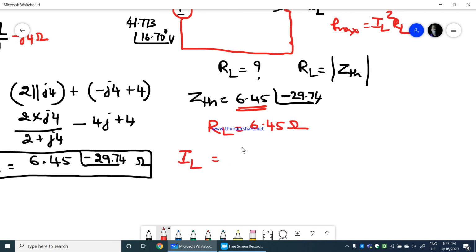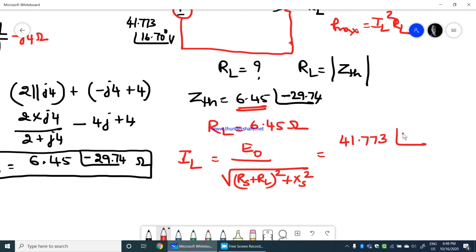Total voltage E0 divided by the square root of RS plus RL the whole square plus XS square. This is what we got, right? So this would be equal to E0, which is 41.773 at an angle 16.70, divided by the square root of, so what are RS and XS?